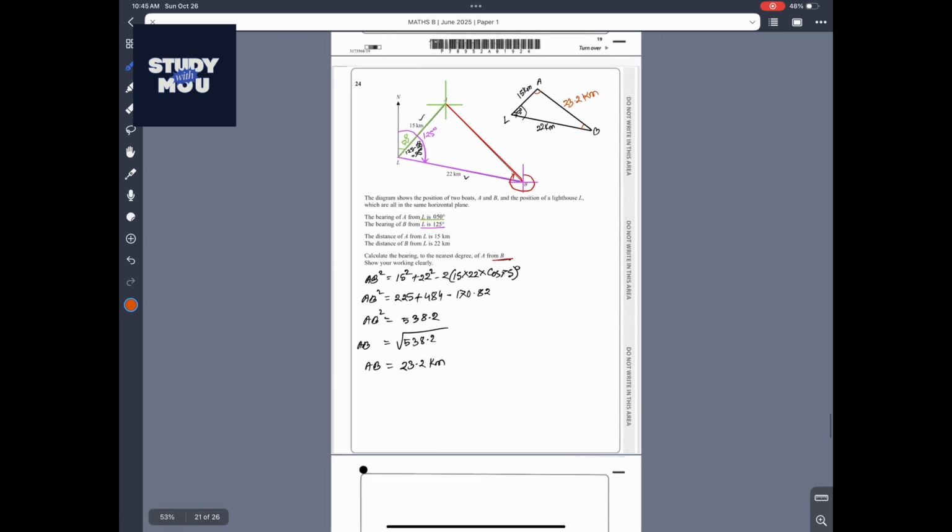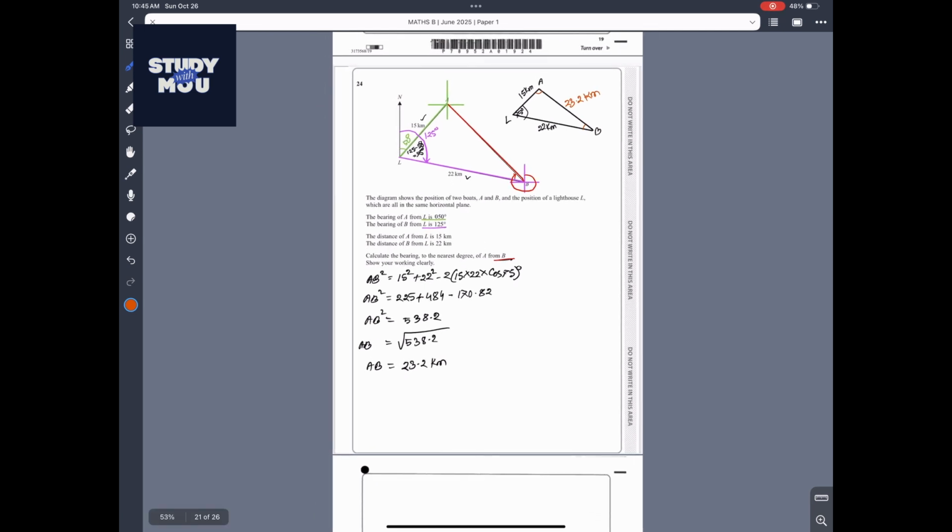Okay, let's use sine rule for this. Sine 75 degrees, when we take 75 degrees we can take this AB side, 23.2, equals sine B. When we take sine B we can take 15 kilometers. When we take sine A we can take 22.